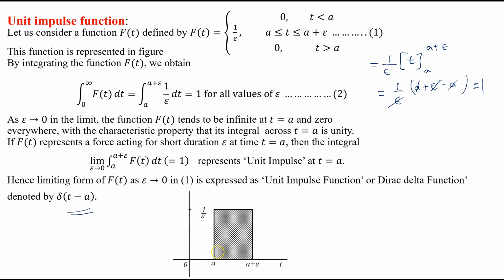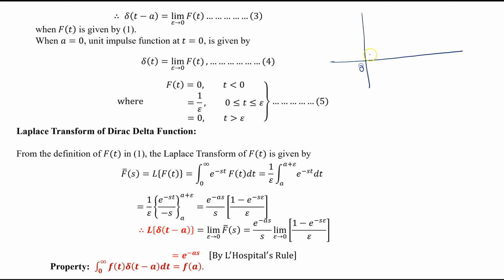When a becomes 0, the interval becomes 0 to 0 plus epsilon. Then the unit impulse function at t equal to 0: as epsilon tends to 0, this width reduces.